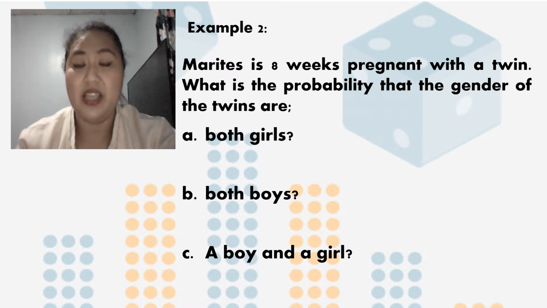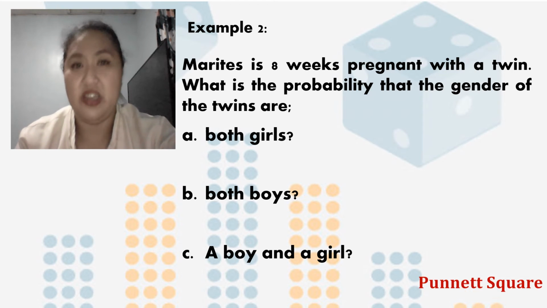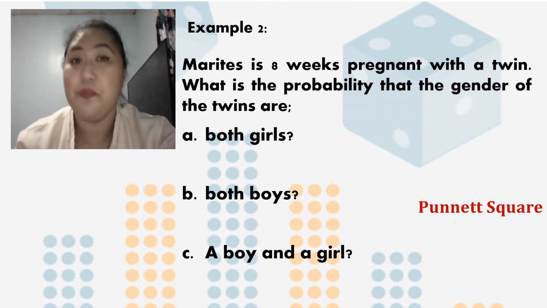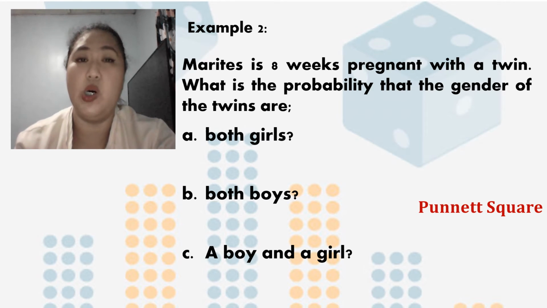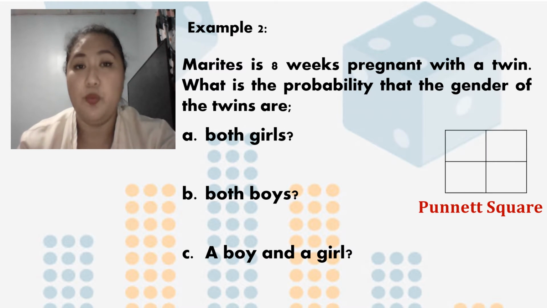So, dito class, apply natin yung lesson ninyo sa biology class. Alam ko, familiar kayo dito. And that is by using a Punnett square. Ito ay ginagamit ng isang scientist. Ininvento ito ng isang scientist. Ayan, so ganyan yung Punnett square.